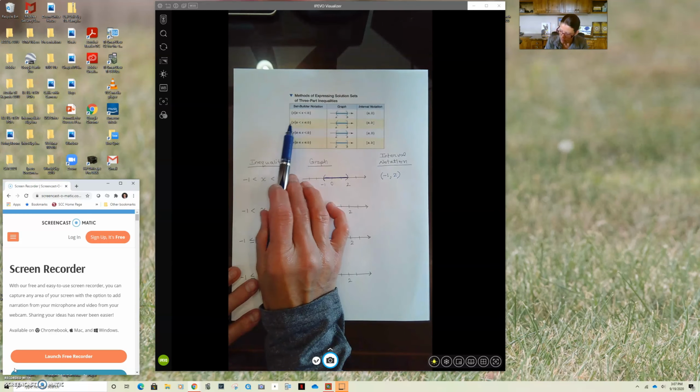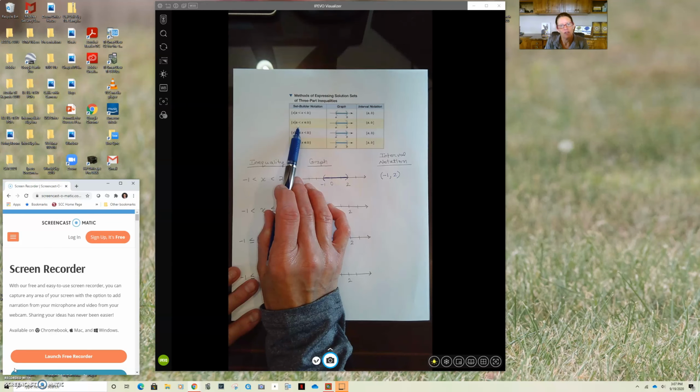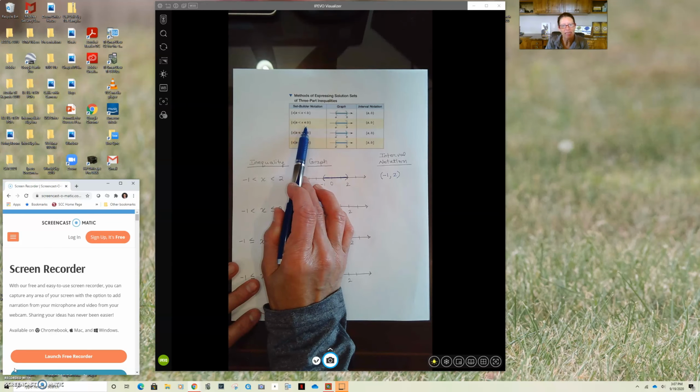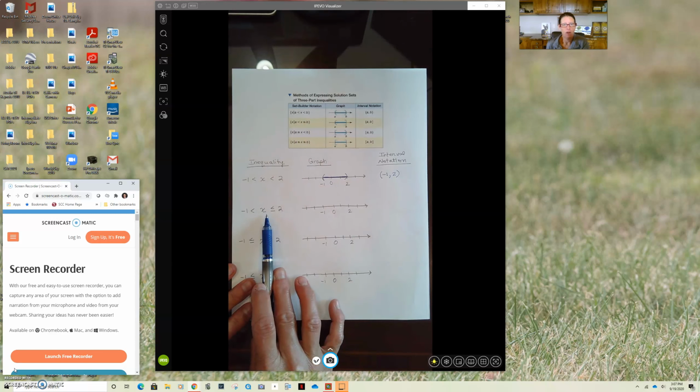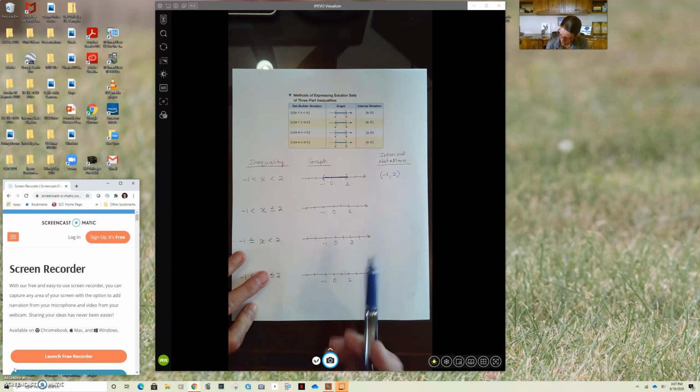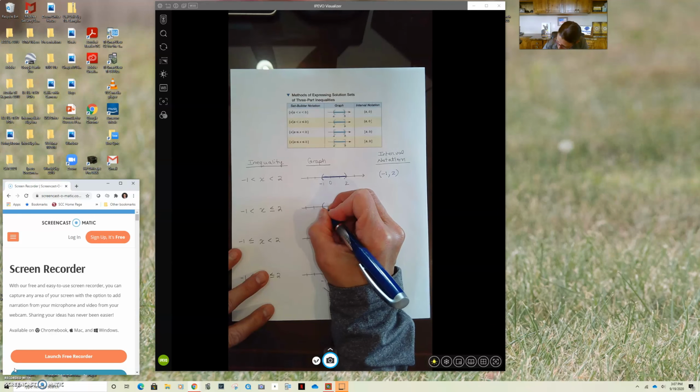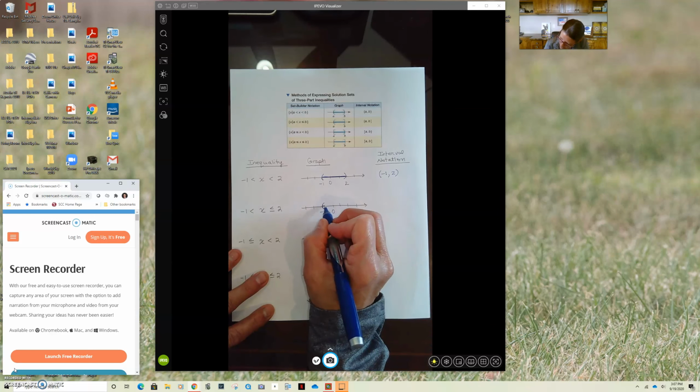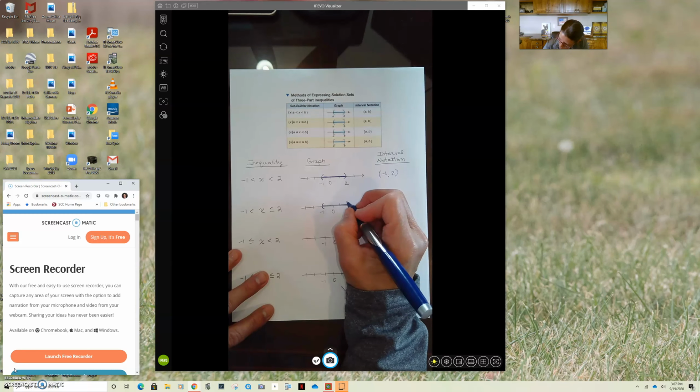As our second example, all x such that x is greater than a and less than or equal to b. Our example, all x greater than -1 and less than or equal to 2. So greater than -1 up to and including the 2.